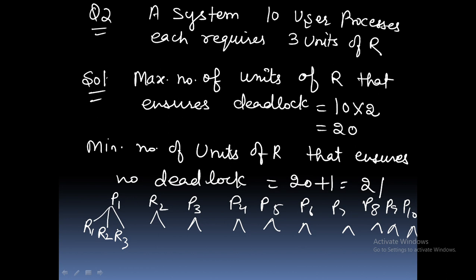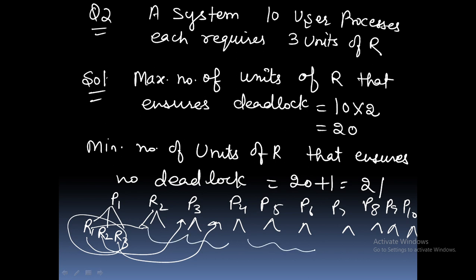If they want to avoid deadlock, then when the first process completes its task, it will release all these 3 resources. R1 goes for R2, R2 goes for R3, R3 goes for P4, and after completing their work, they will release all these resources, and after this all these processes will use them.